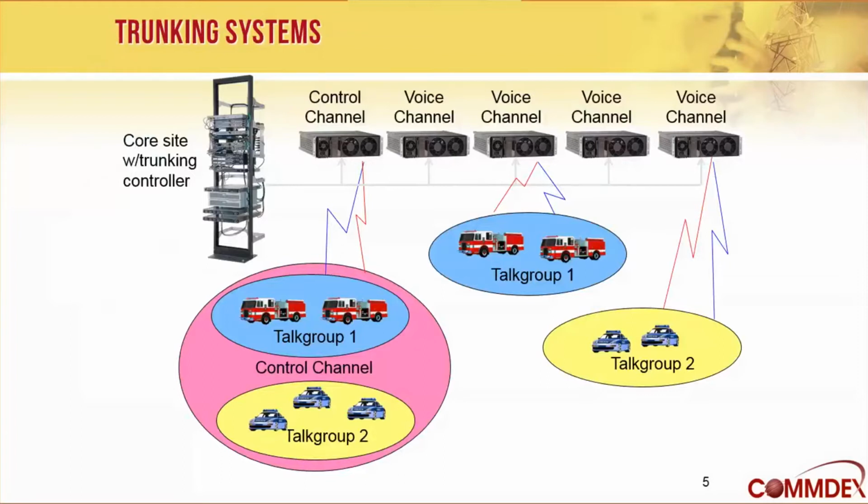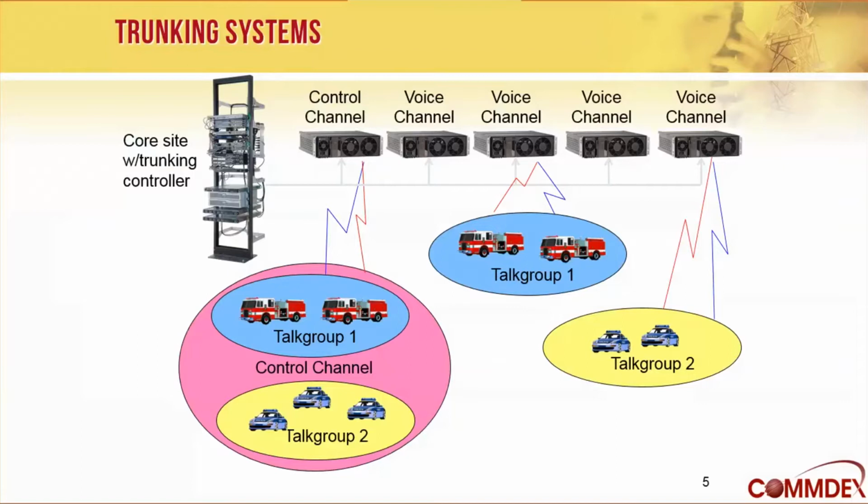You set aside one of the channels to be a control channel, and the control channel's purpose is to send signals back and forth on an uplink and downlink to the users, mostly in the background. The users aren't even aware that it's happening, to assign channels and talk groups and basically manage the system. So in this picture, we have a couple of talk groups. Talk group 1 is fire, talk group 2 is police, and they're going to share a trunk system.